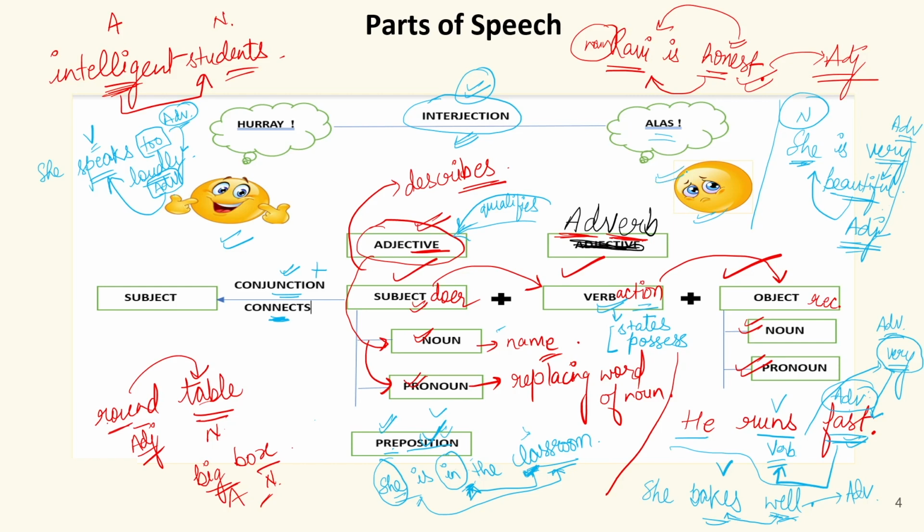These sudden emotions which come out of us, we don't know what the reaction will be. It is not pre-planned at all. The sudden words, the sudden sounds that come out of us after something happens to us, those words are known as interjections. These are just emotions and feelings, or you can say exclamations, that state our emotions and feelings.